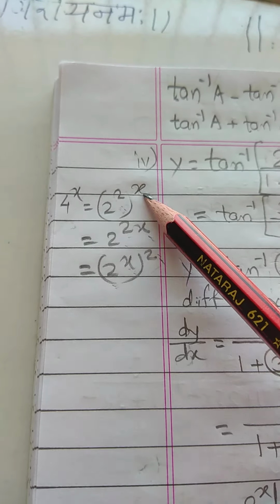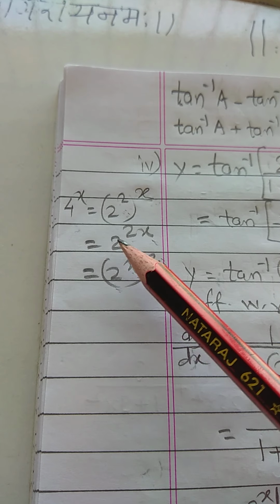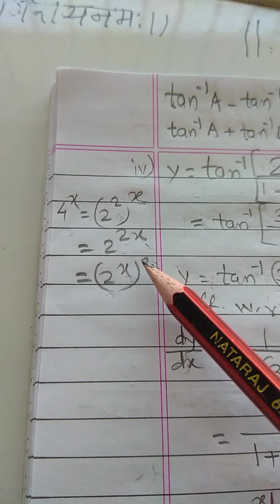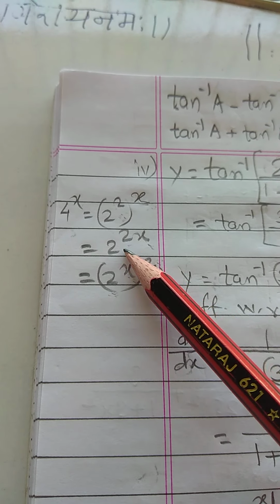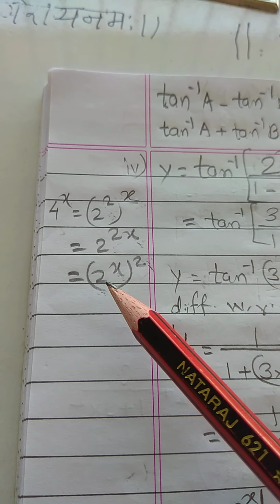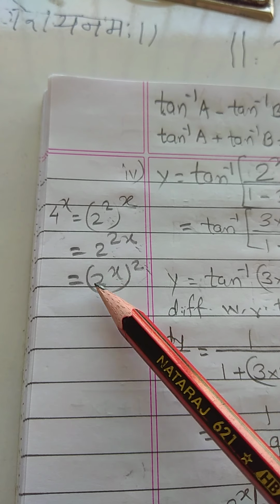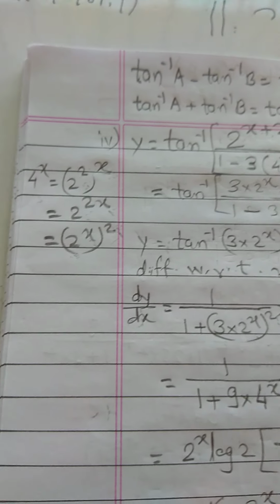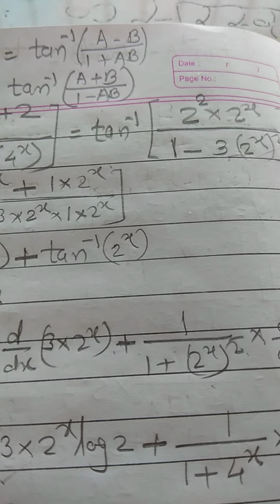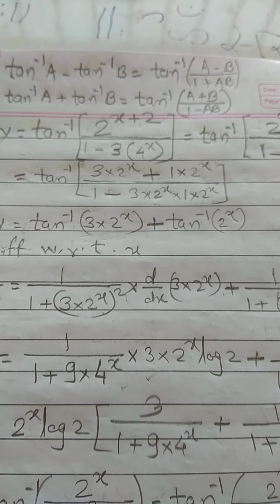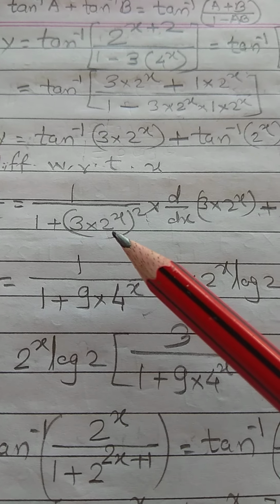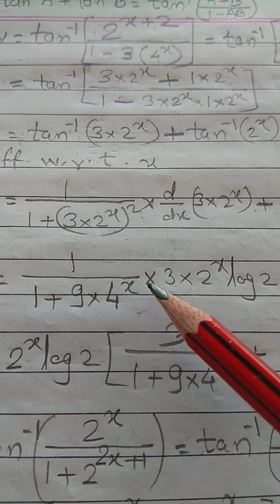Power raised to power is the product of the powers, so it will become 2 raised to 2x. We can have it as 2 raised to x raised to 2. Once again, this multiplication can give you 2x because power raised to power is the product of the powers. So we can have this 4 raised to x as 2 raised to x bracket square. In the first step also we have written 4 raised to x as 2 raised to x bracket square, and now for simplification we are writing 2 raised to x bracket square as 4 raised to x.